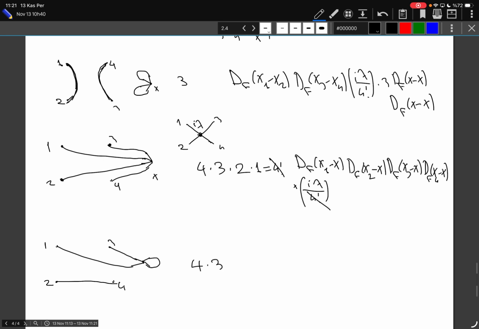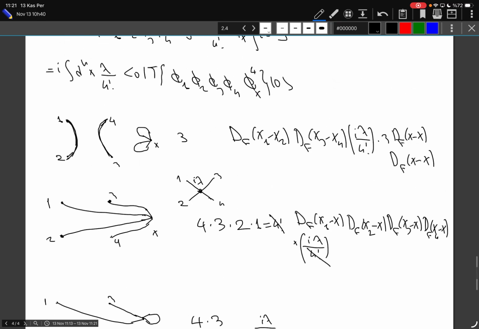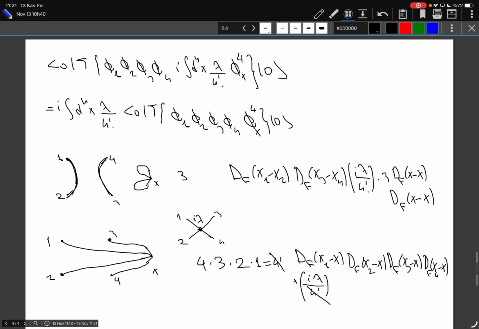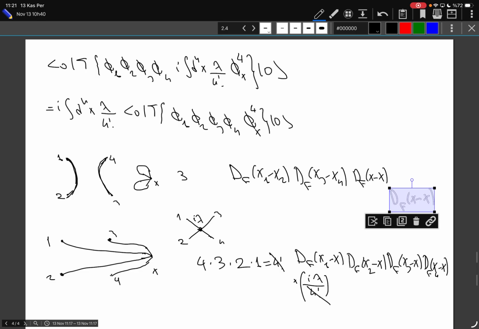So I end up having i lambda over 2. In the first diagram, here I have, well, I have i lambda over 8.